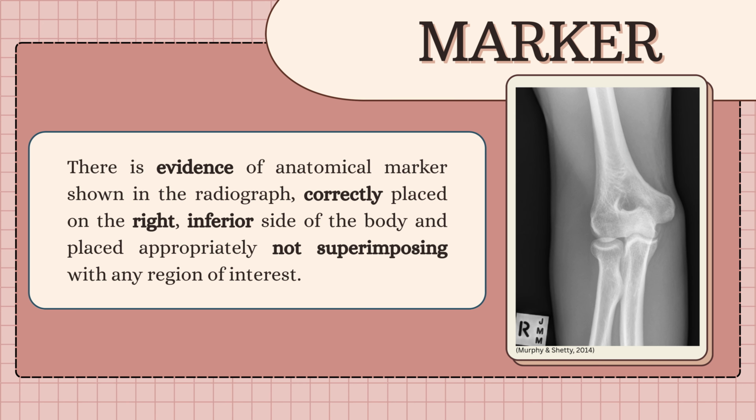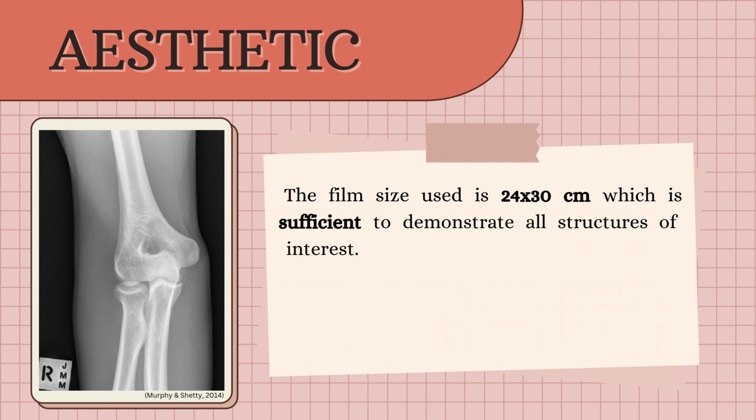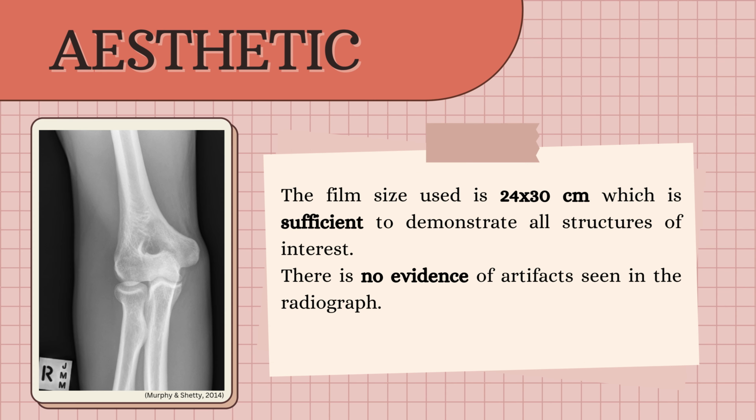Next is the marker. Based on the radiograph, there is evidence of anatomical marker shown in the radiograph, correctly placed on the right, inferior side of the body, and placed appropriately, not superimposing with any region of interest. Next is the aesthetic.